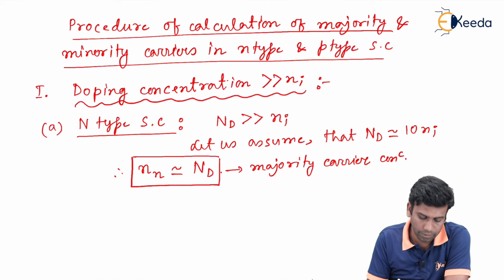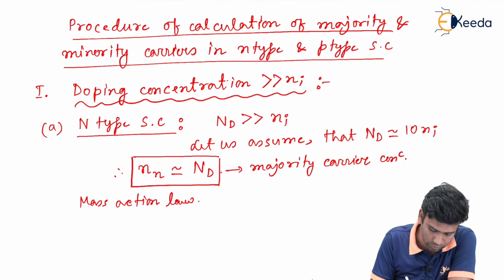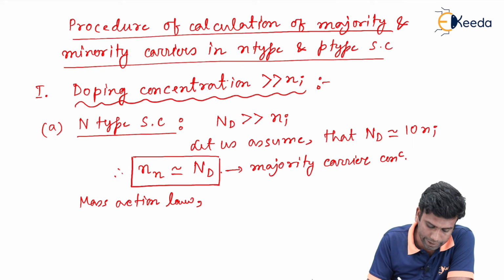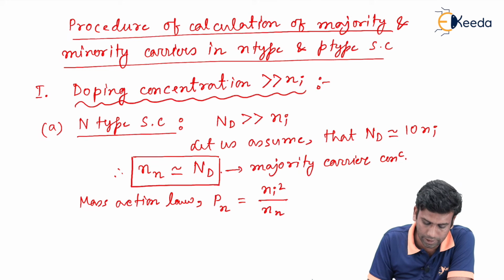Now, according to the mass action law, we know that the minority carrier concentration in the N-type semiconductor, that is holes, Pn, will be equal to Ni square divided by the majority carrier concentration, that is Nn.